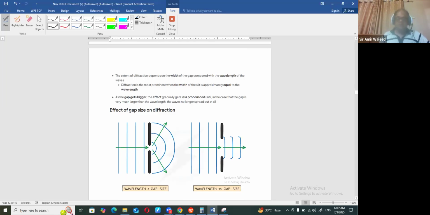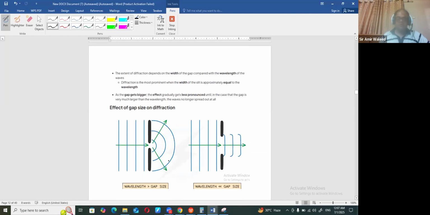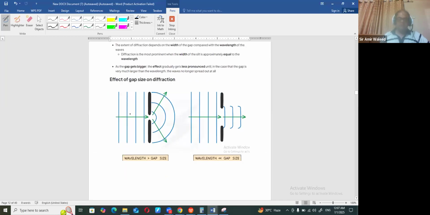Now, if that distance is smaller than the wavelength, or you can say the wavelength is greater than this gap, there will be more spreading.